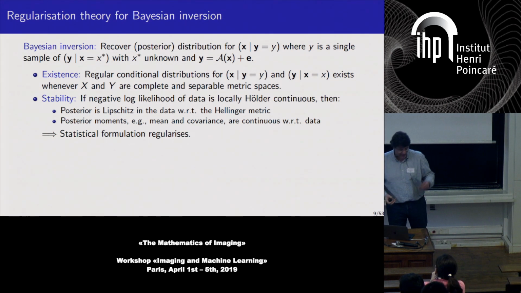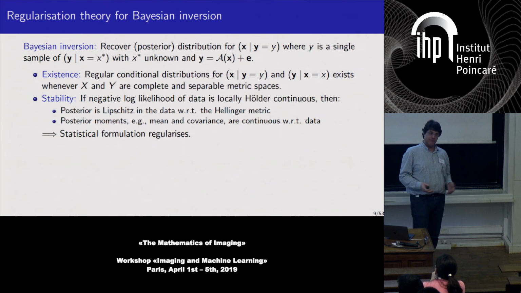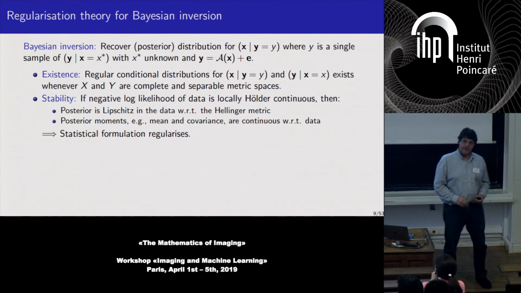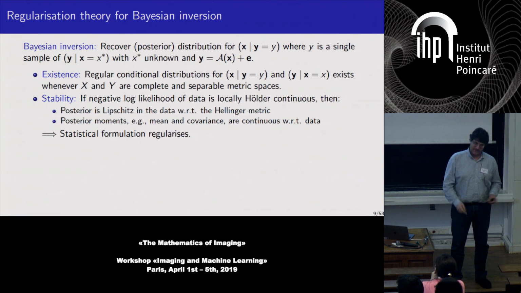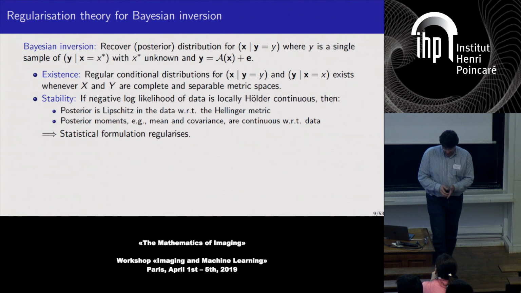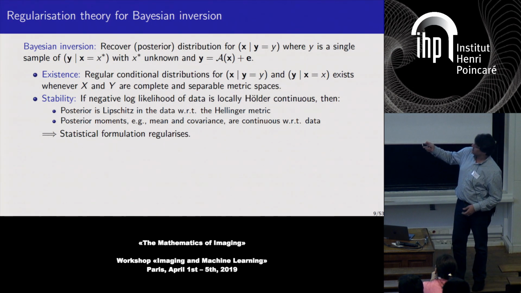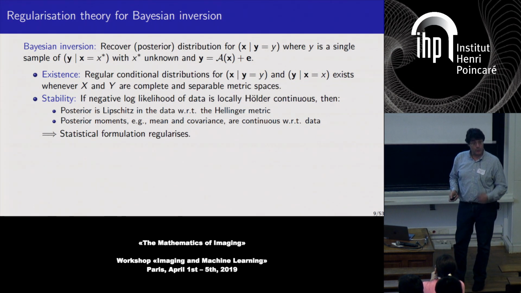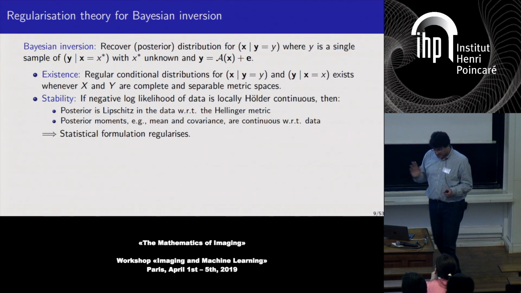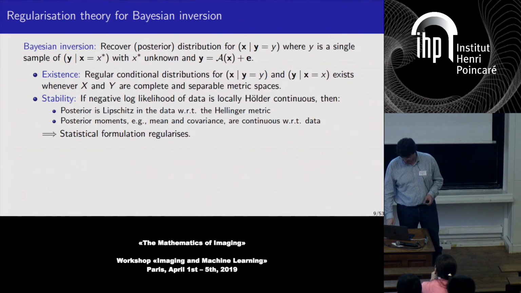So already reformulating the inverse problem, already that step, in some sense regularizes, which is kind of good news. Another good news is that the moments of the posterior, like the mean, for example, are also stable. They're also continuous. So these are all nice, good news. Certain estimators are also regularizing.